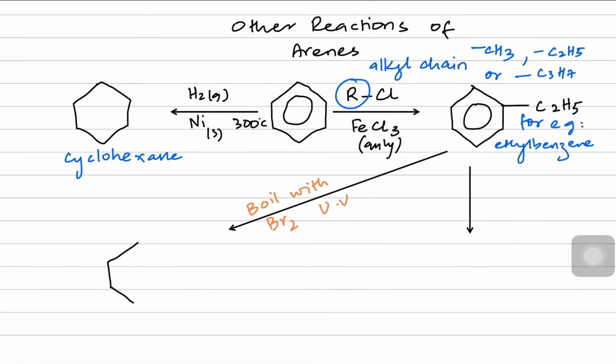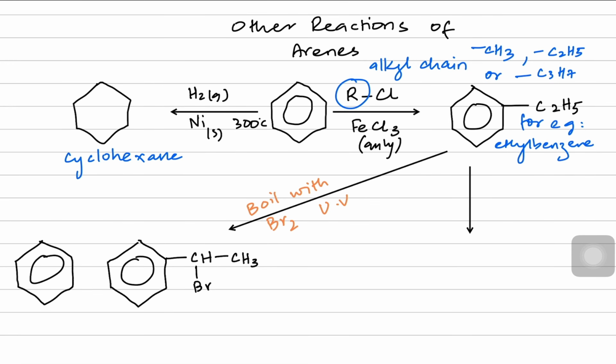This is going to be a reaction on the side chain, not on the benzene, because you're using UV light. So the ethyl group is going to be brominated, and this way the benzene ring is still stable, but the side chain has been brominated. For example, there are 2 carbons on the side chain, so you can add a bromine on either of those. You can get multiple products based on the free radical substitution.